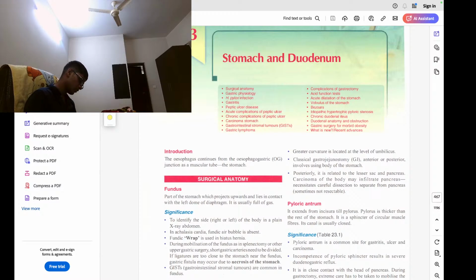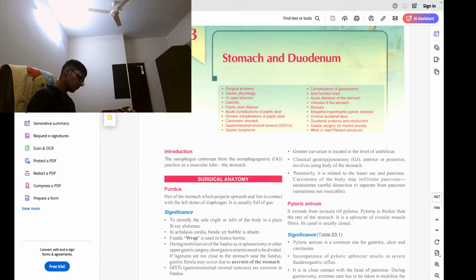Then for 5 marker and 3 markers, you have blood supply, anatomy of stomach, gastroscopy, H. pylori, then pyloric stenosis, then operations.